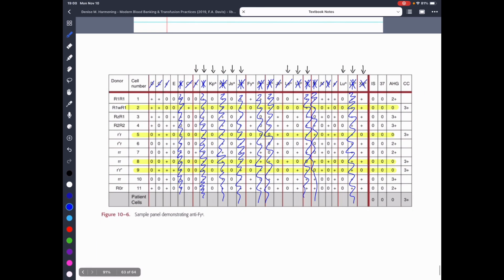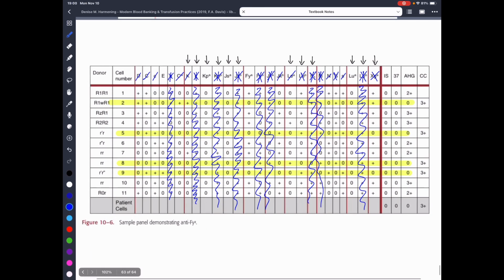Alright, so the next step is to see which of the remaining antigen are likely causing the reactions of the antibodies in the patient's serum.